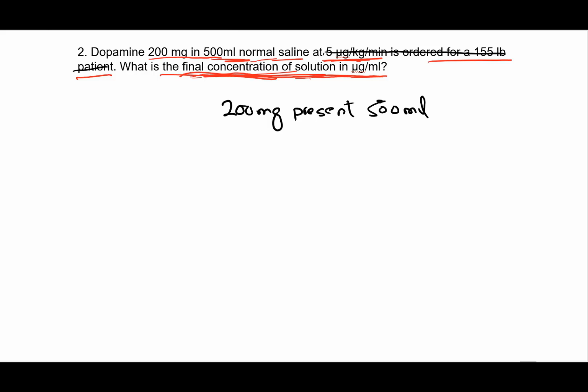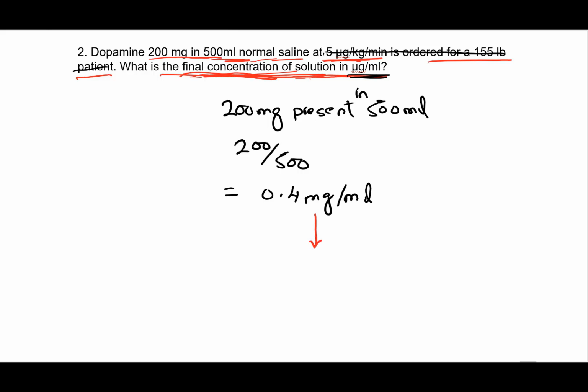If 200 milligrams are present in 500 mils, we have 200 divided by 500, so we have 0.4 milligrams per mil. That's the concentration of the solution we have, and we have to find the final concentration in mcg per mil. So let's simply convert milligrams per mil into micrograms per mil.